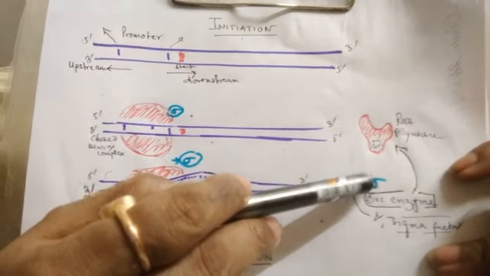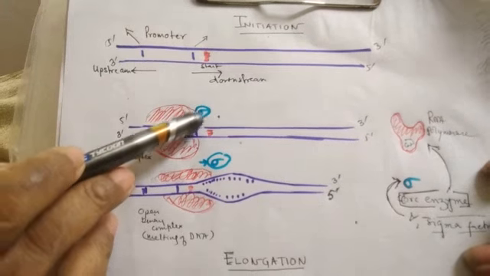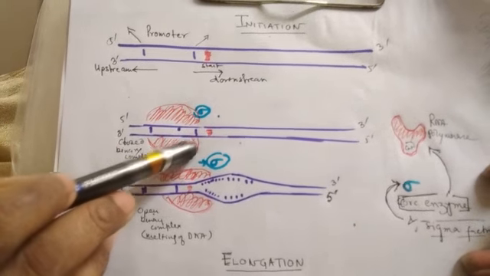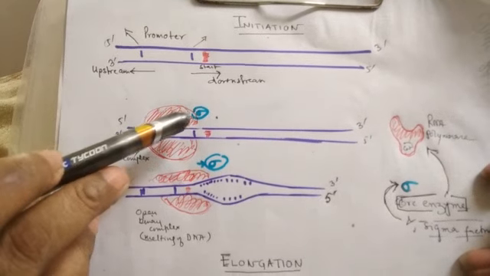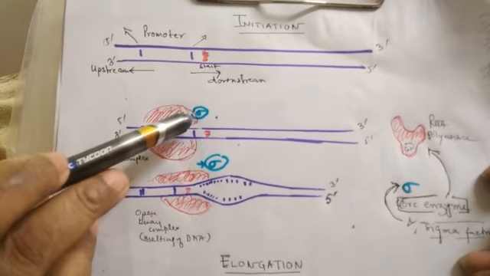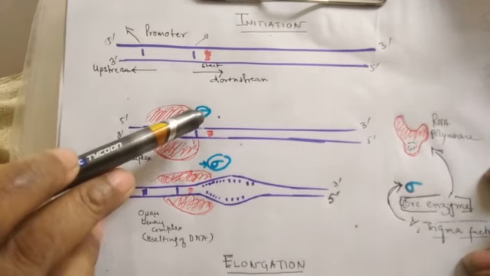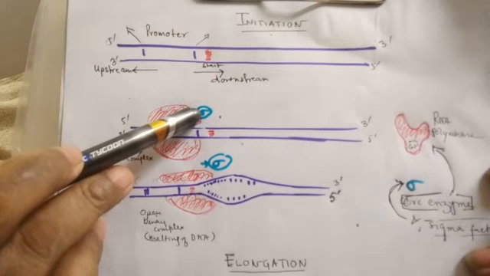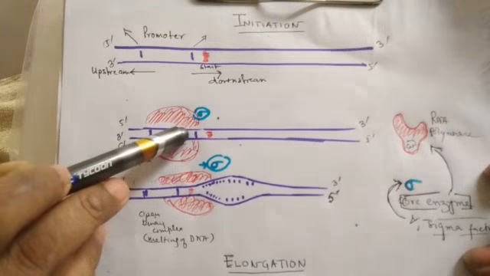When the transcription is to be initiated, at first the RNA polymerase comes to the promoter region, and the sigma factor binds with it and helps to identify the promoter region.